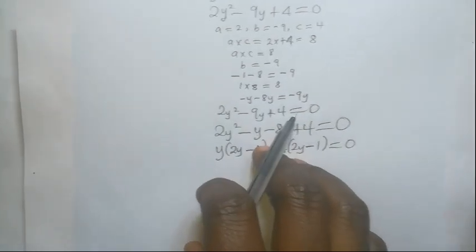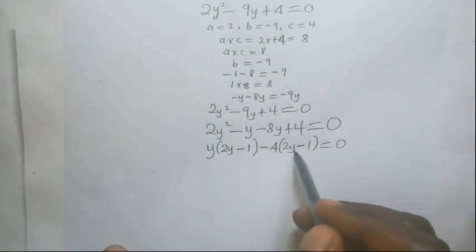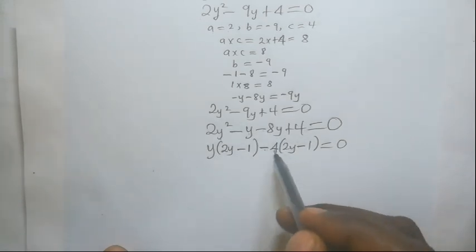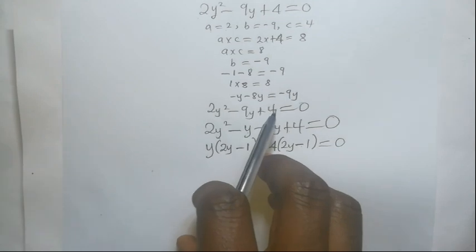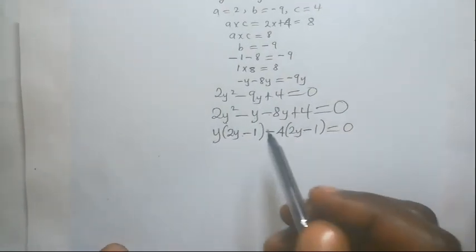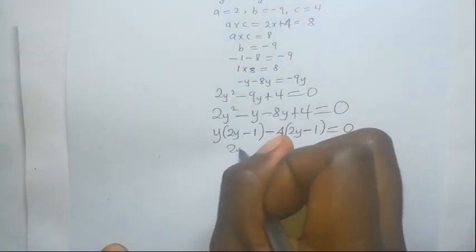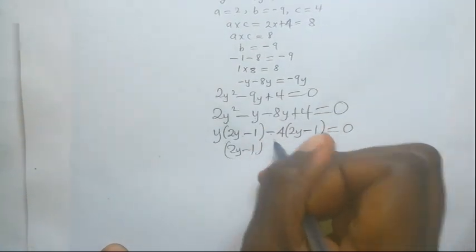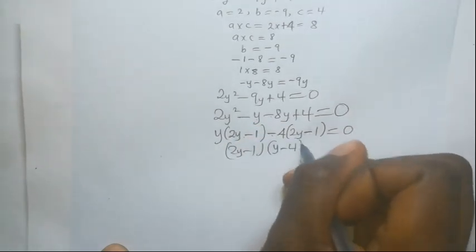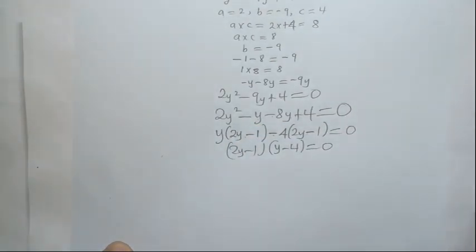So let's verify and see. Minus 4 times 2y will give us minus 8y. Minus times minus is plus. 4 times 1 is 4, yes. As far as the ones in the bracket are equal, we have a good one. So we have 2y minus 1, I'm going to pick 1, then I'll pick this y minus 4 is equals to 0.